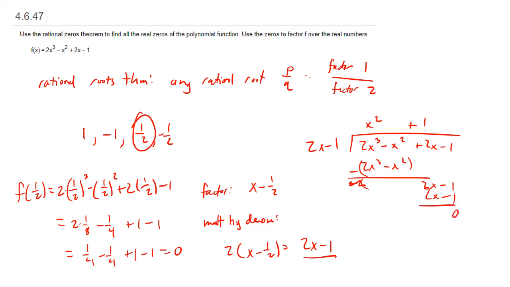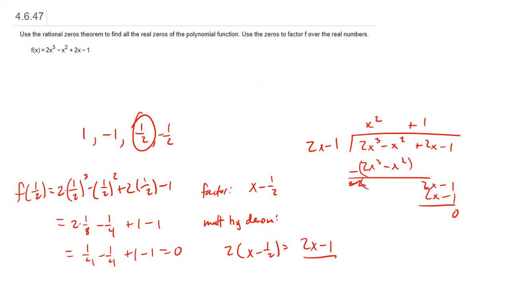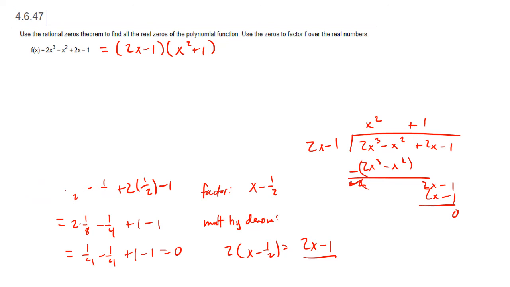So I can now come back to the beginning of the problem, having done this long division and verified that there is no remainder, so I have found a proper factor. So I come back up here and I say, okay, this can be factored as 2x minus 1 times x squared plus 1. X squared plus 1 is a degree 2 polynomial. So if I want to continue my factoring problem, I don't have to start all over. I can jump right to the quadratic formula because that's of degree 2.